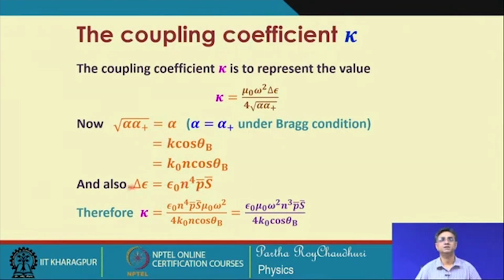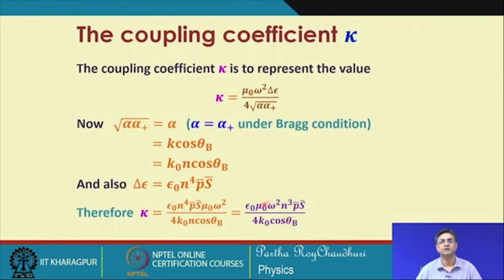Also, delta epsilon, this we have seen, is equal to epsilon 0 n to the power of 4 p and s. Therefore, kappa is given by this expression, and you can see that here mu naught and epsilon naught, put together, will give you 1 by c square. There is one omega square, so that will correspond to k0 square, and there is another k0 here.